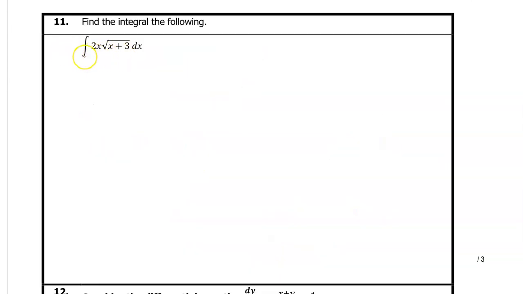For number 11, we just need to find this antiderivative. Let's try u substitution. U will equal x plus 3, which means that u prime will equal 1, which really won't do anything. Let's see what happens when we do the substitution.